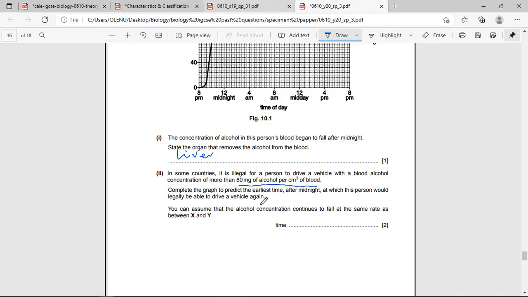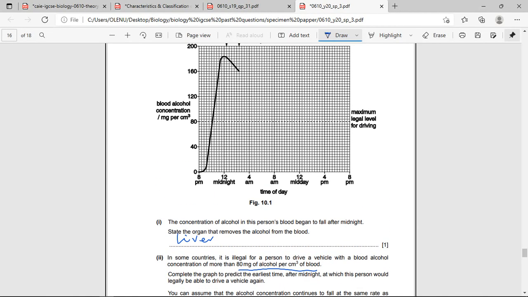So once you have less than 80 milligram, you should be able to drive. If it keeps falling at this rate, when it gets to 80 milligram, this is 80 milligram.